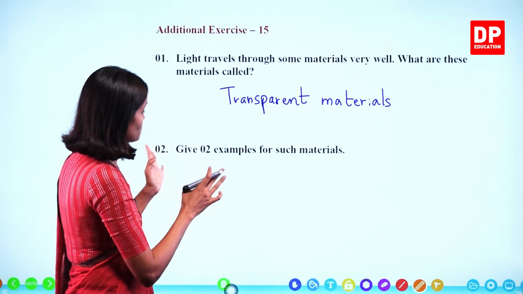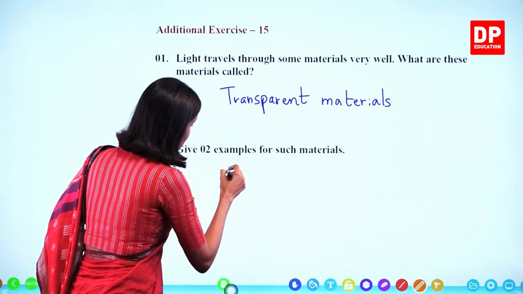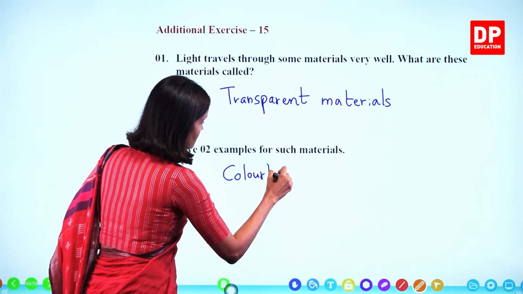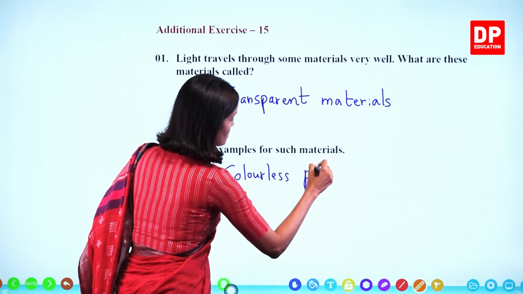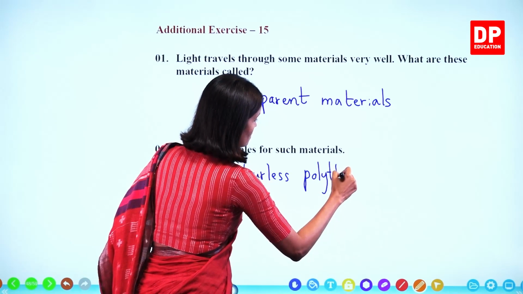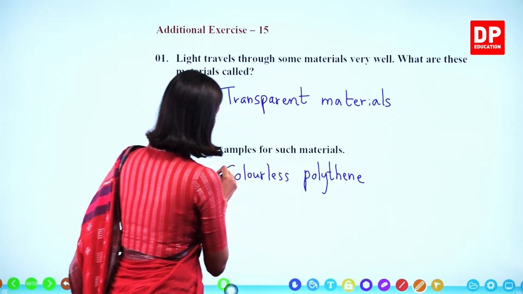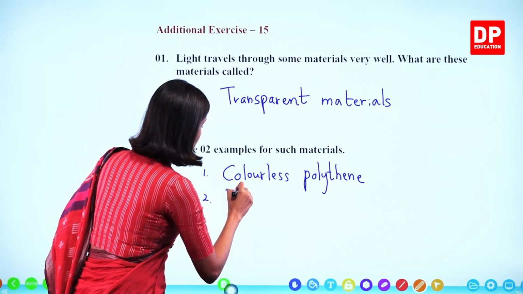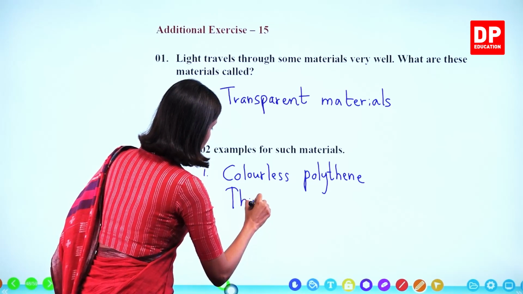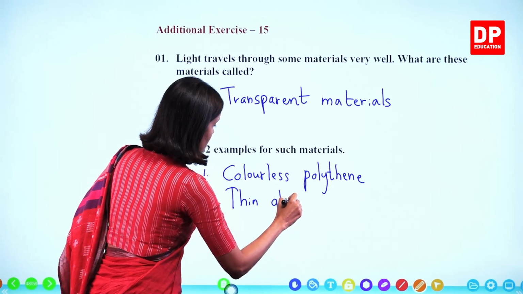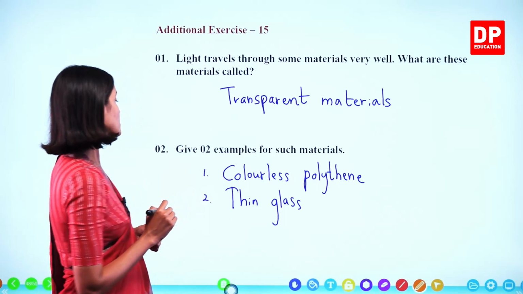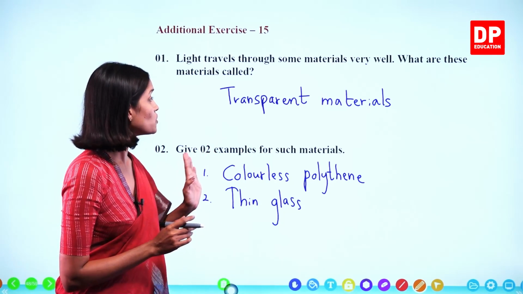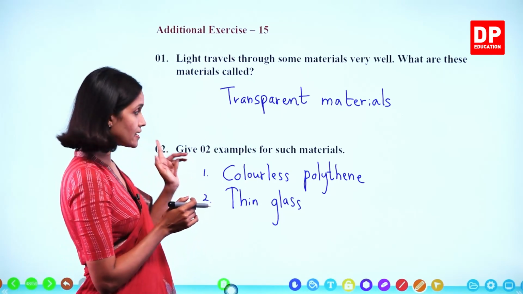Now, we know a lot of examples. Colorless polythene. Then we can write thin glass, right? Colorless polythene and thin glass are examples for transparent materials, right?